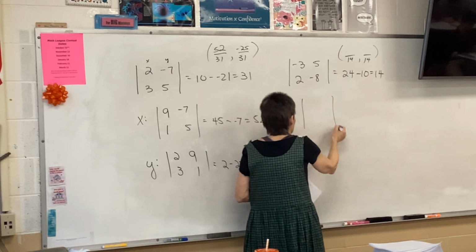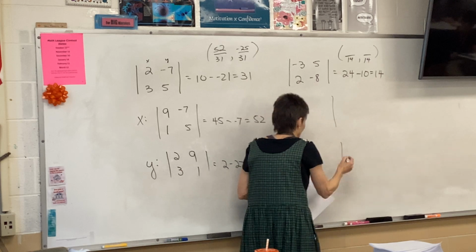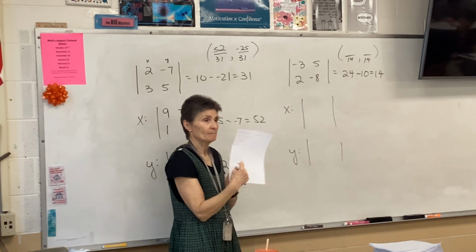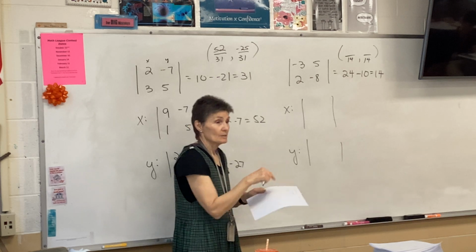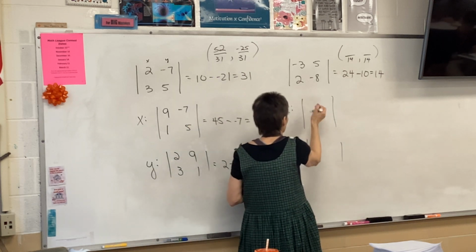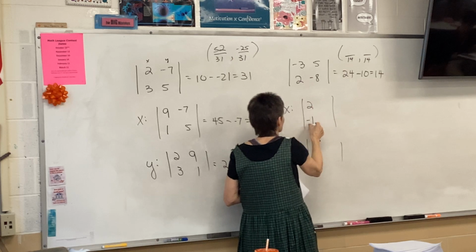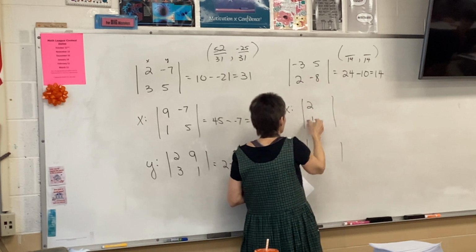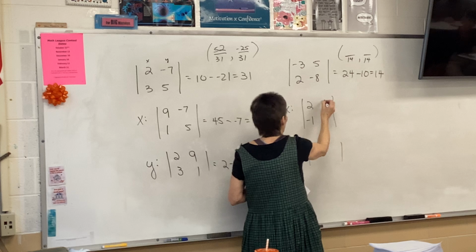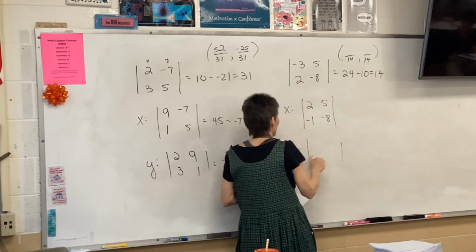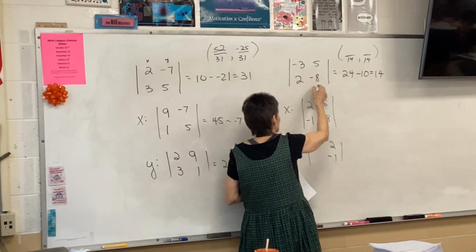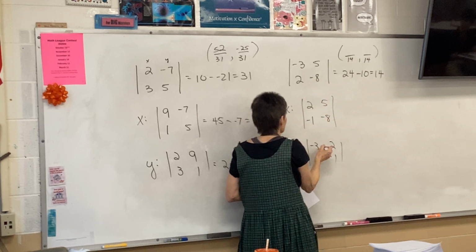Now for x, this time my constants are 2 and negative 1. So 2 and negative 1 are going to go in the x spot. You're just cutting and pasting, so the y's aren't changing. Then when you do y, the 2 and negative 1 go in the y spot, and the x's aren't changing.